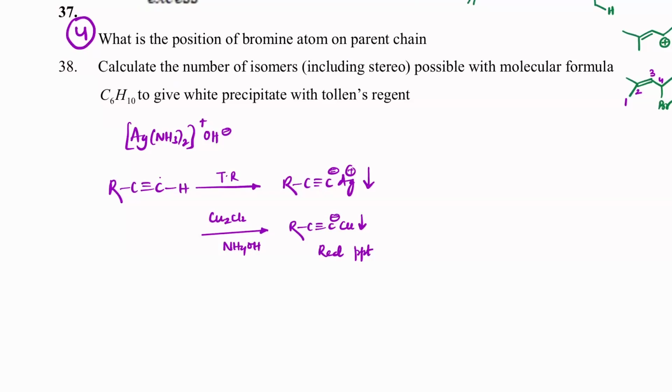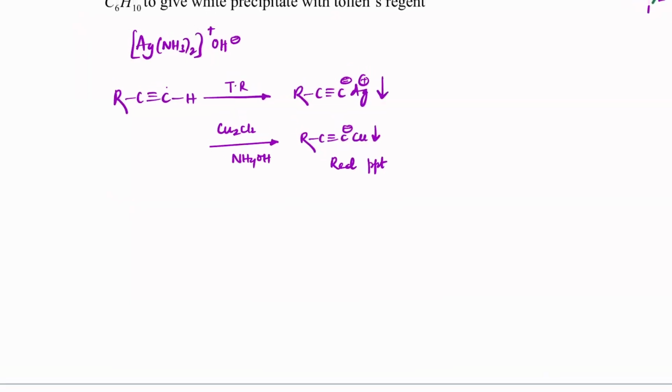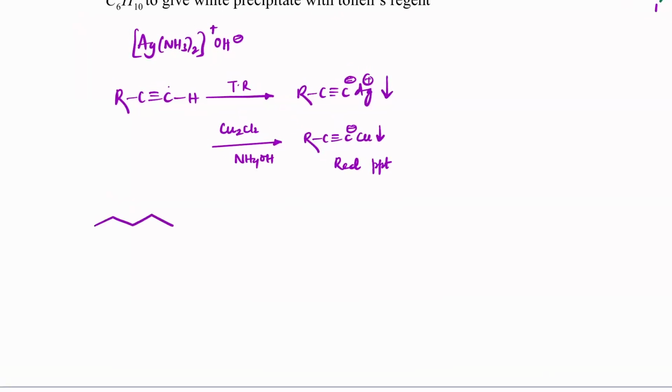Anyways, the question is the number of isomers possible with this formula. So basically, I need to get a terminal alkyne. Everybody check into this. I'll start from here. So you can see 1, 2, 3, 4, 5, 6. So the terminal position is this one. Now I'll just keep adding branches to it. These are the branches which I could add.